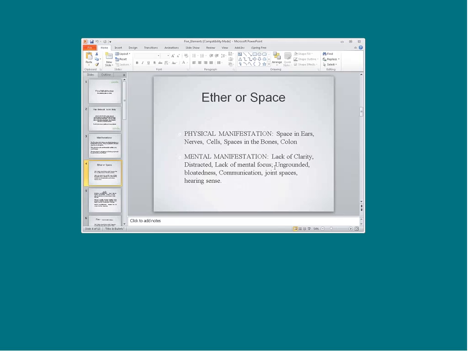Lack of focus, being ungrounded, feeling bloated sometimes. The concept of communication. Communication is related to the element of space. Sharing of joint spaces, connecting with others, and our sense of hearing. These are all manifestations mentally of space.